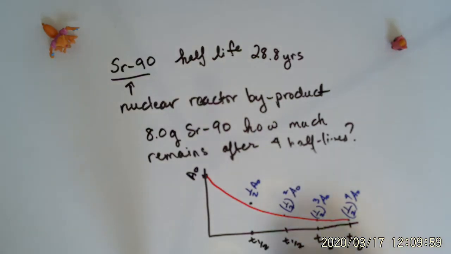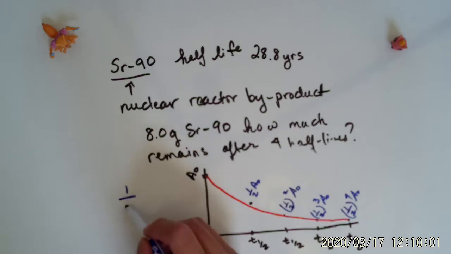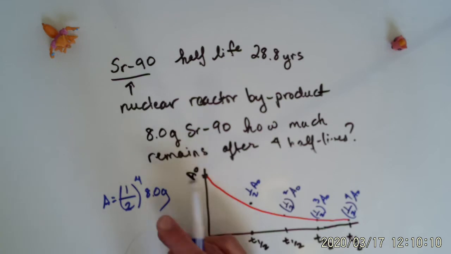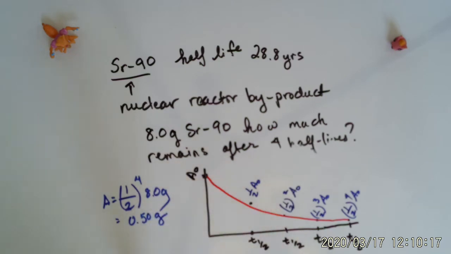So, knowing that, we can say that A is equal to 1/2, 4 half-lives out, times 8 grams, because that's my A naught. What we get is 0.5 grams of strontium-90 that remains.